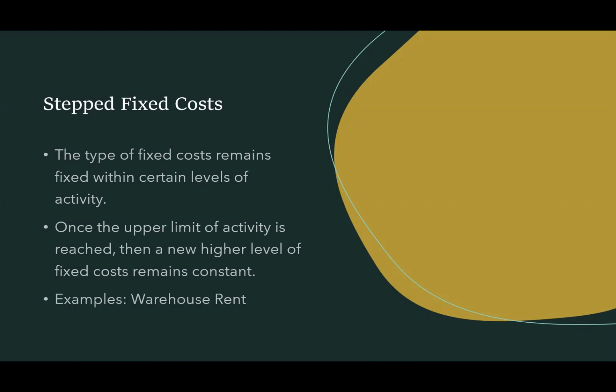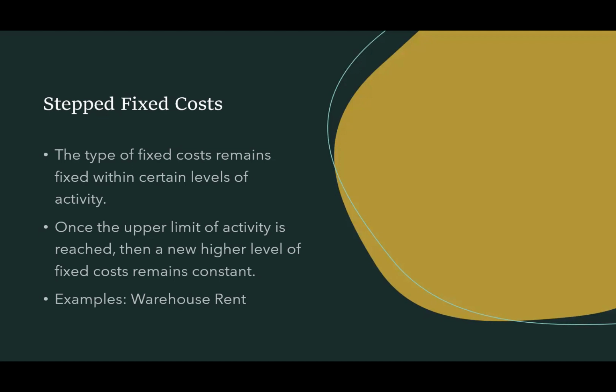If a warehouse can store 1,000 cakes, for instance, then till 1,000, the rent of the warehouse, let's say that's 5,000, will remain constant. But if you go above 1,000 production, you might need a separate warehouse for another 5,000. Hence, the total rent will become 10,000.